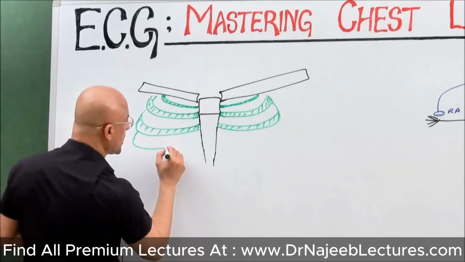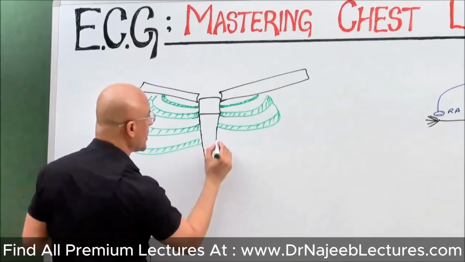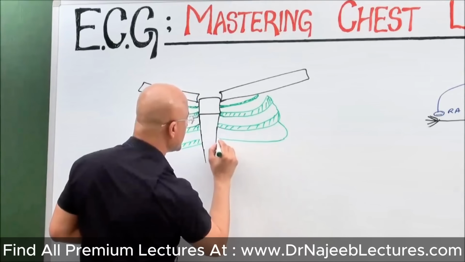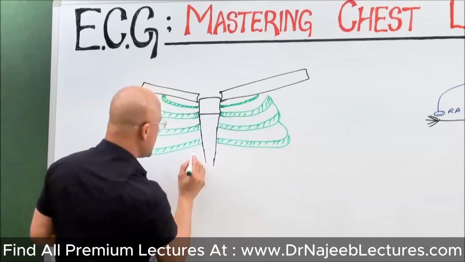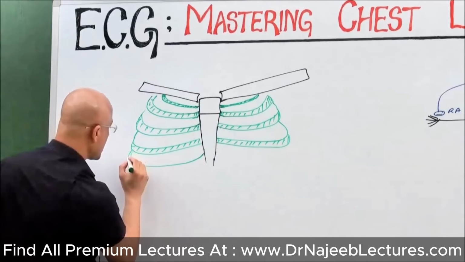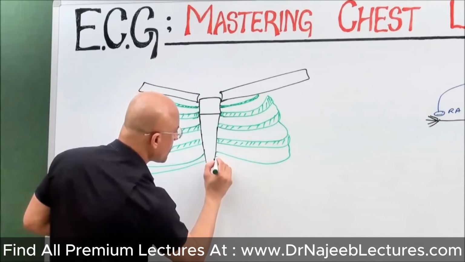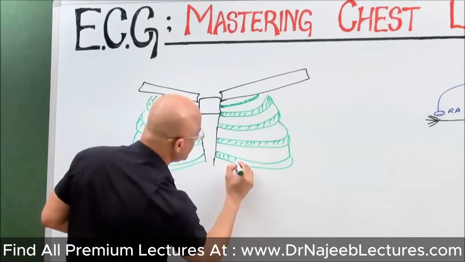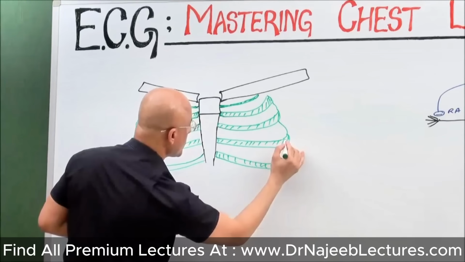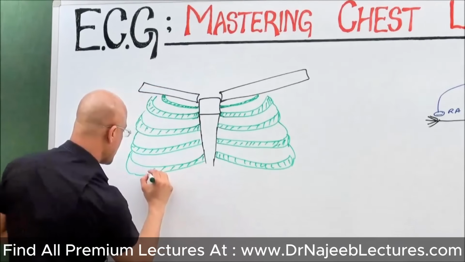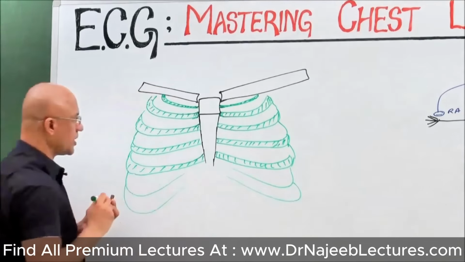Here I'm going to tell you how these chest leads, the exploring electrodes, are placed at what points. And this rib? Fourth rib, very good. And here is the fifth rib, and so on. I will not go into more detail.